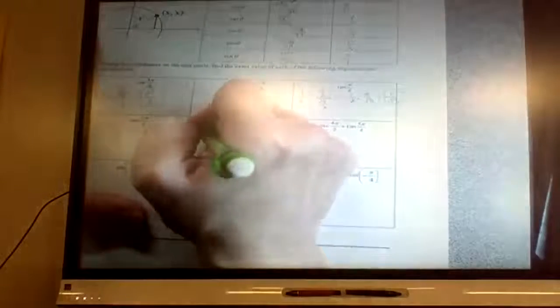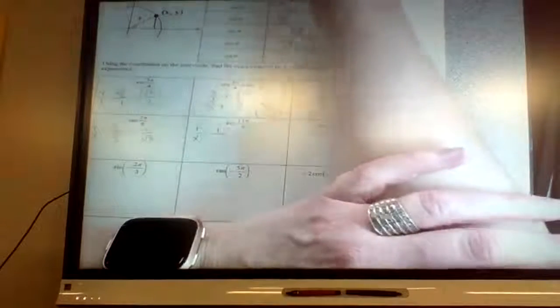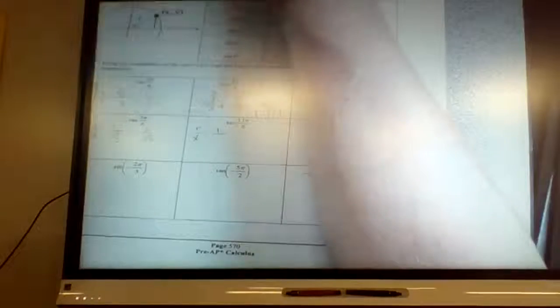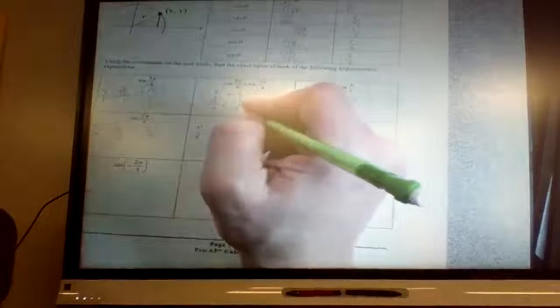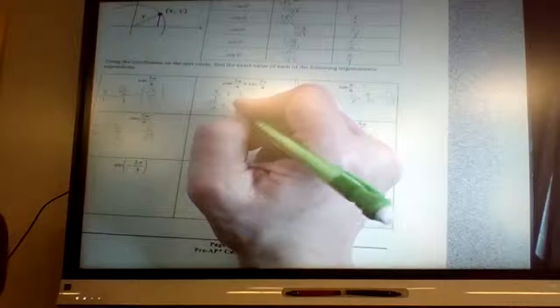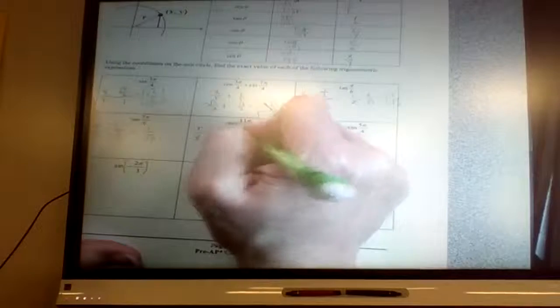What's secant? What over what? So that's going to be 1 over x. What is x for 11 pi over 6? Square root of 3 over 2. Which would be 2 over the square root of 3.